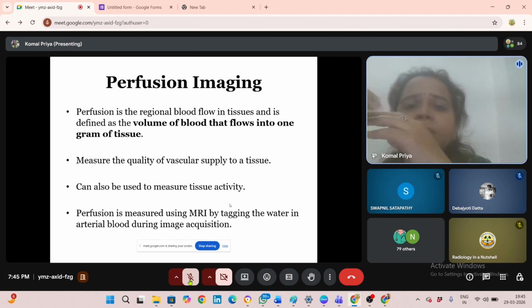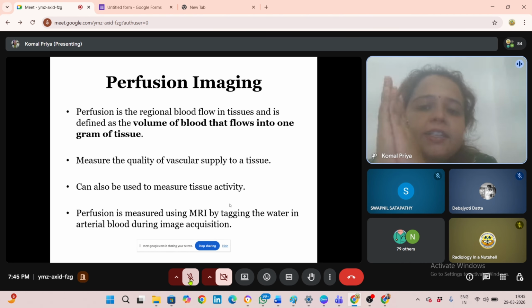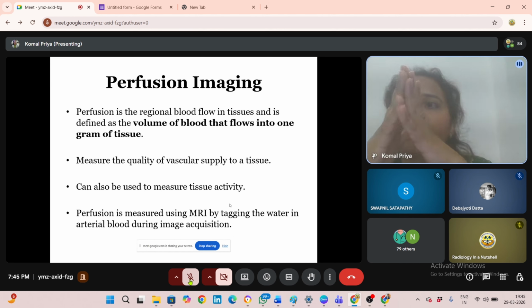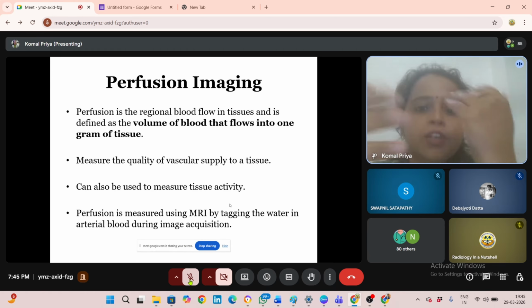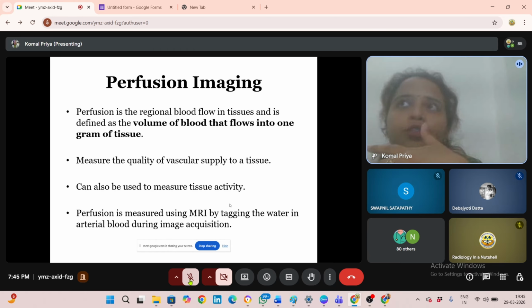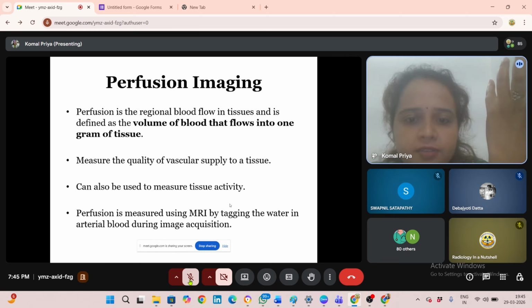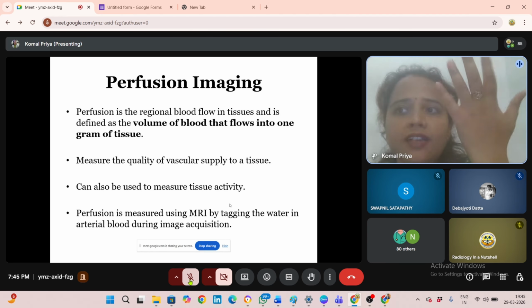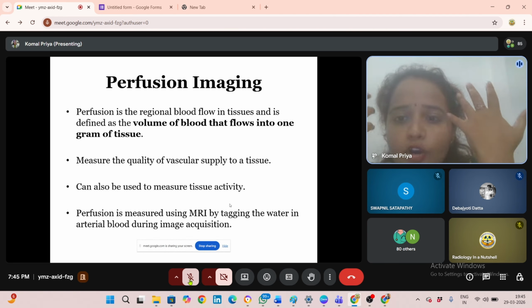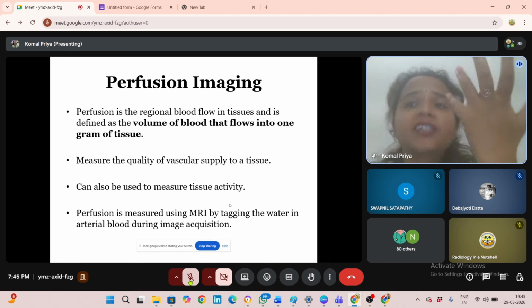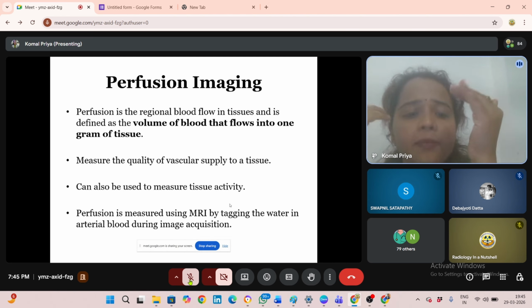Now, what do you mean by blood flow? I'll give you an example. If you're sitting at a place, calm and quiet, your blood is flowing normally. But once you start running, once you start doing an activity, the blood flow increases, because your brain starts monitoring all those activities.